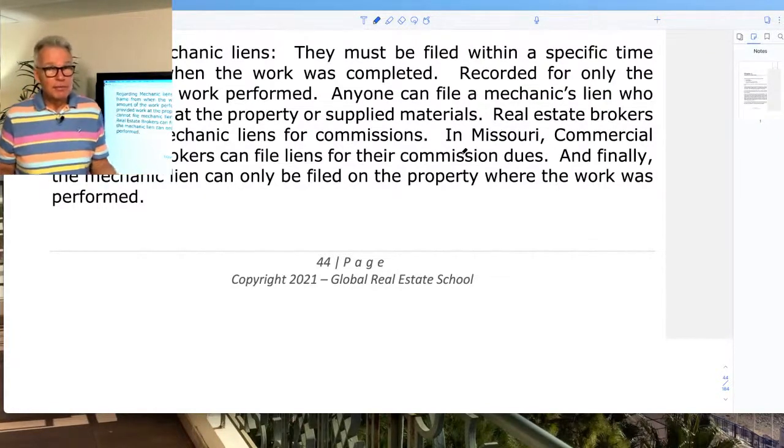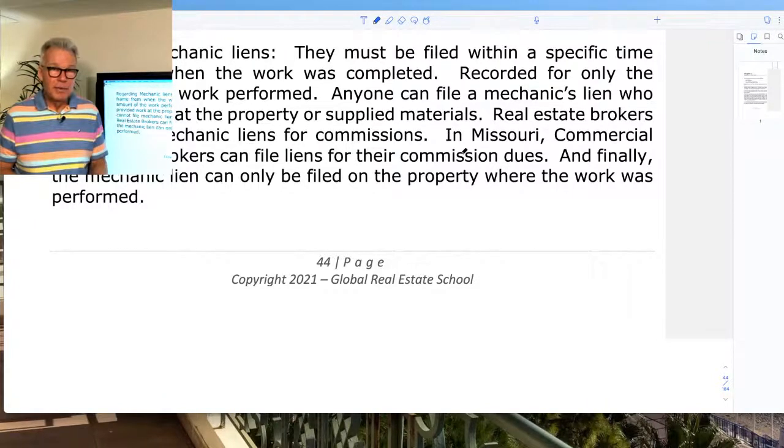Now, I say services because this is another part, and they like to throw these into the questions as well. A mechanic's lien can be for labor that was performed at that property. It could also be for goods or services that were installed, like an air conditioning unit at that property, and any of the workers, contractor, or subcontractors for that property.